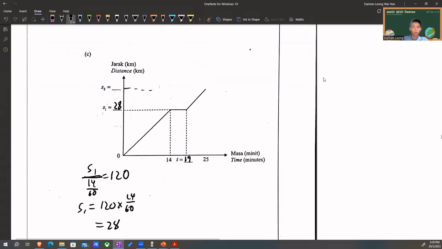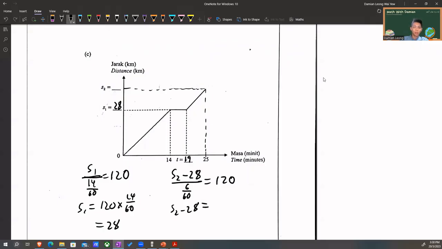To this one, S2. And here 25. So this change in time is 6. This one, basically S2 minus the S1, 28, is over the change in time, 6 minutes. So change to hours, again equals to 120 km per hour.